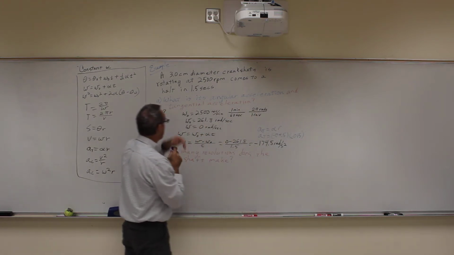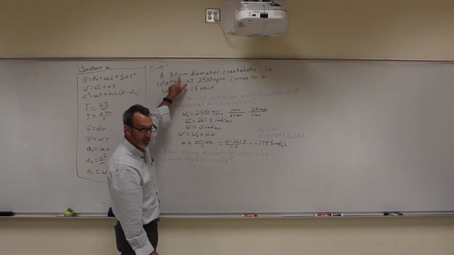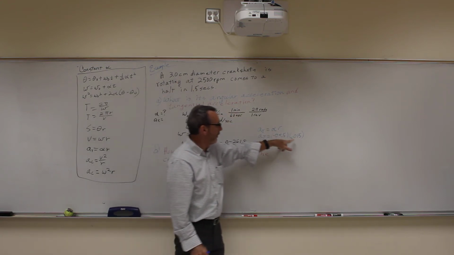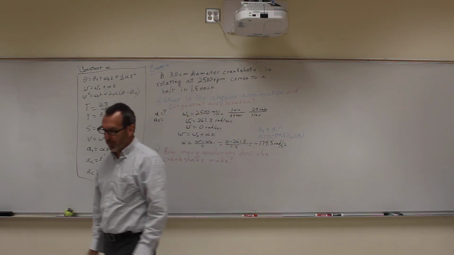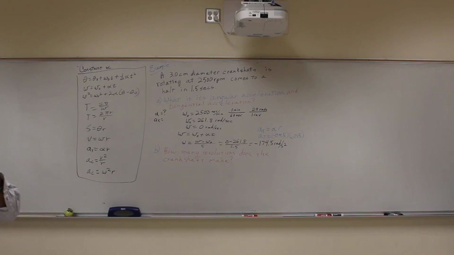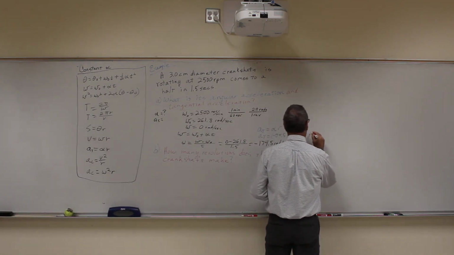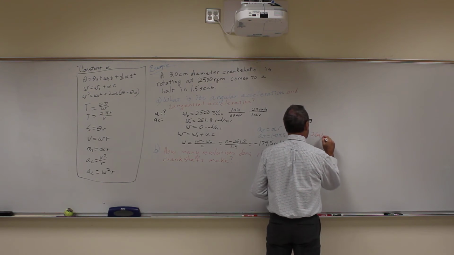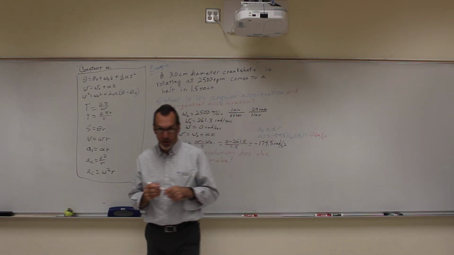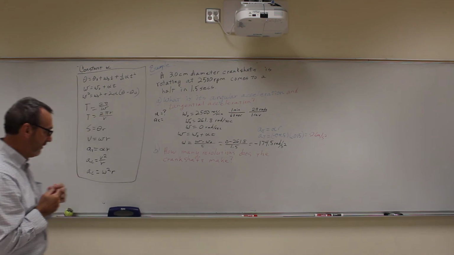Because it's half of this, which is 1.5 centimeters. And then you have to move the decimal over 2 places to put it into meters. When you do that, you get the tangential acceleration is minus 2.6 meters per second squared. And I also went down to 2 sig figs because that's all we have.